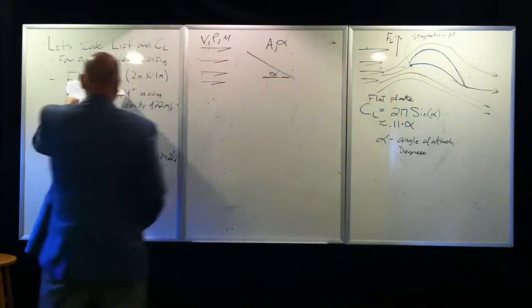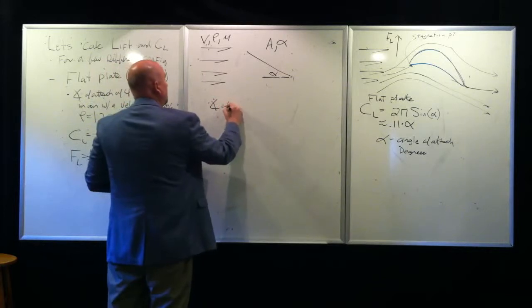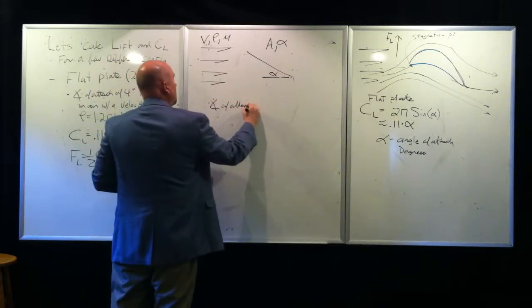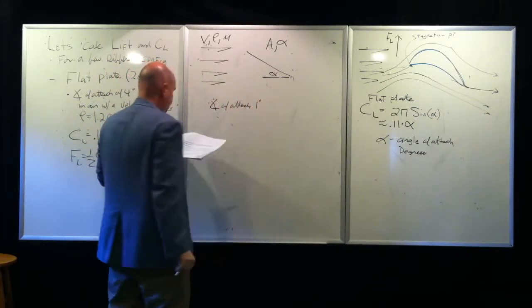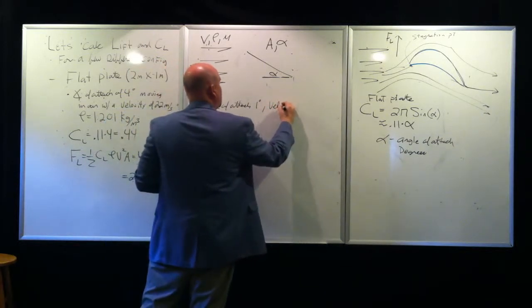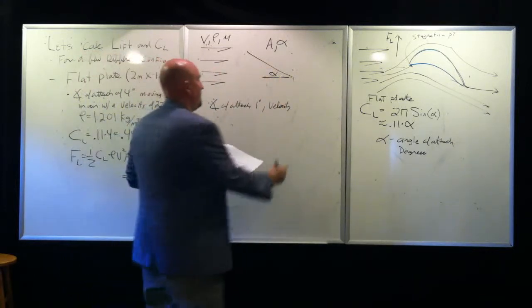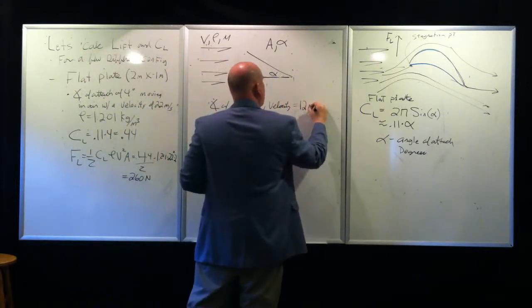Alright, let's keep the same size flat plate, but now let's do an angle of attack of 1 degree. And again, the velocity, either of the flat plate or of the air blowing over it, is going to be 12 meters per second.